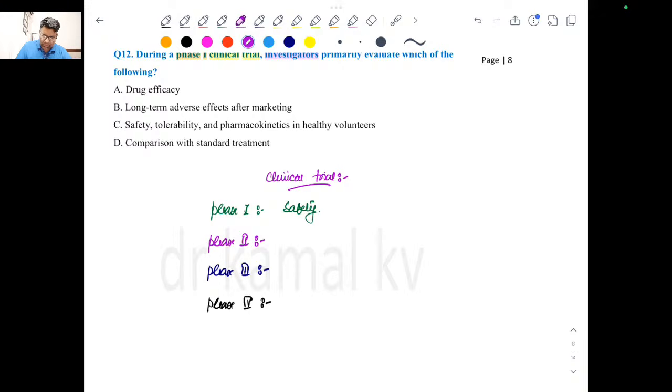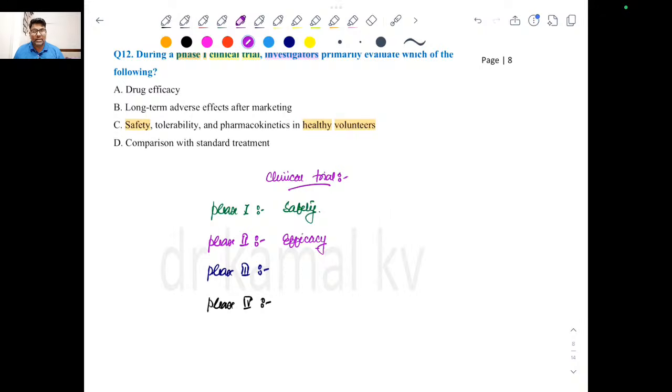So therefore in this question, safety is the thing which is considered in healthy volunteers. Now once the drug is safer to human, then we move on to phase 2, and then phase 2 is about drug efficacy, right? So in phase 2 we go for drug efficacy, like in what dosage, what frequency the drug will produce good amount of response. So second is drug efficacy.